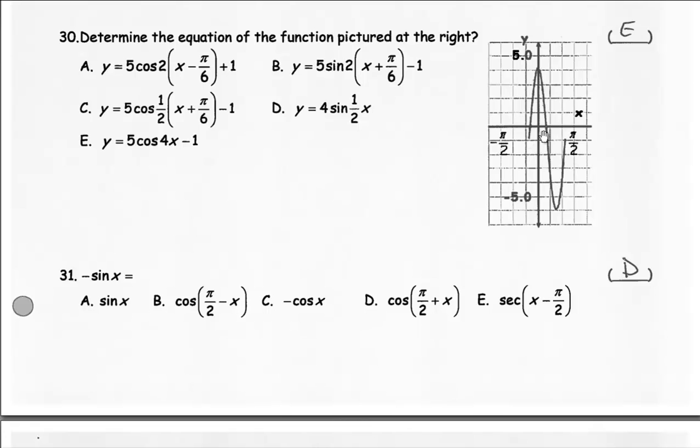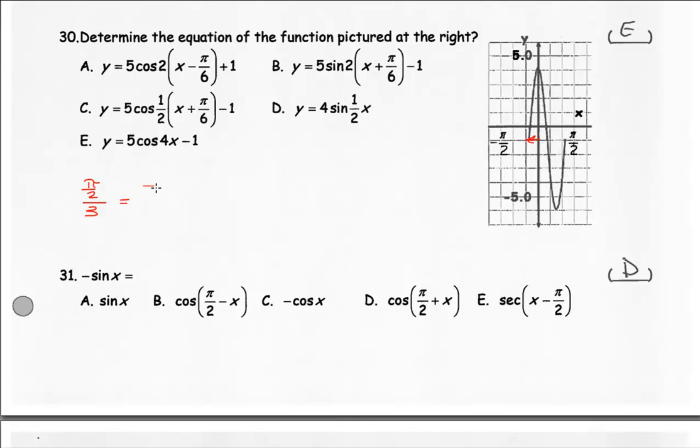Pi over 2 is 3 blocks. So notice I'm thinking about the phase shift here right now. The phase shift actually looks like 1 block to the left. So if you take pi over 2, since that's 3 blocks, and divide it by 3, then that's how big one of those blocks would be.